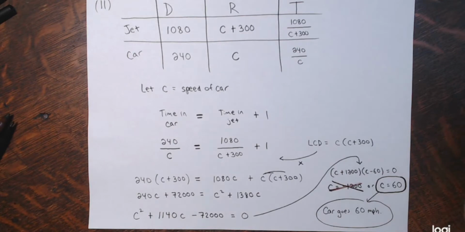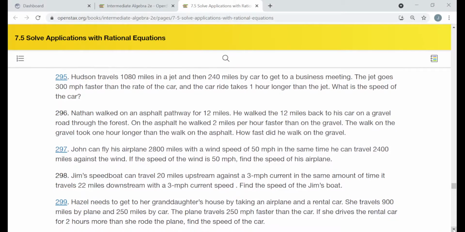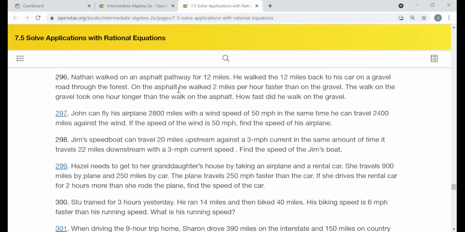Okay, next example. Example 12, which will be exercise 296. Alright, so here we have Nathan walked on an asphalt pathway for 12 miles. He walked the 12 miles back to his car on a gravel road through the forest.